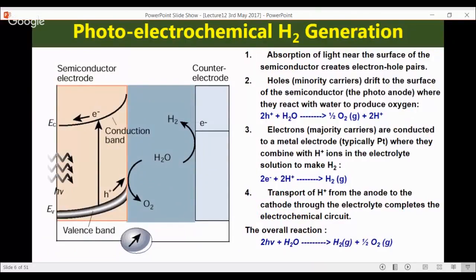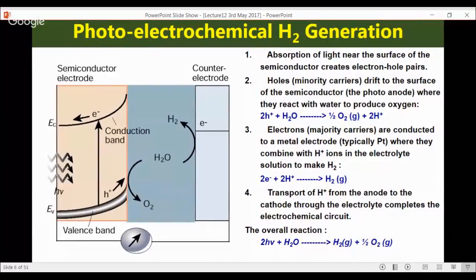So now when we take the photoelectrochemical generation of hydrogen from water, the absorption of light near the surface of the semiconductor creates the electron hole pair. If it is near, the diffusion time will be less. Holes, minority carriers, drift to the surface of the semiconductor photoanode, where they react with water to oxidize it and produce oxygen.